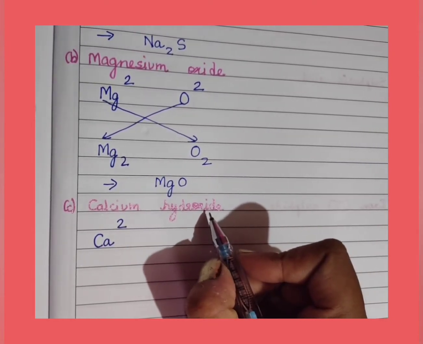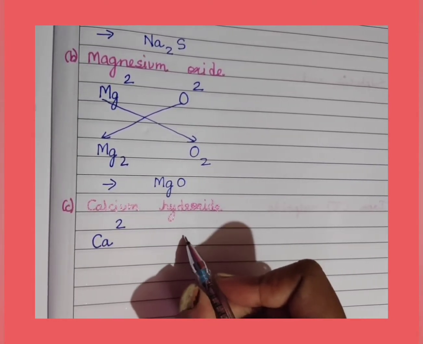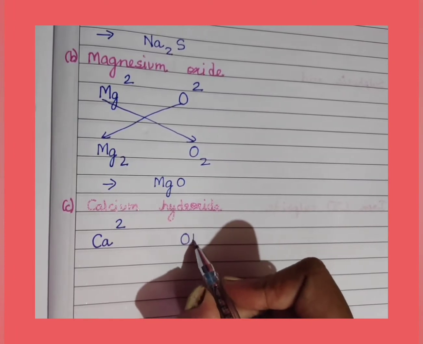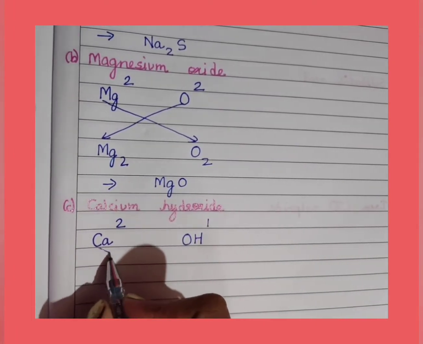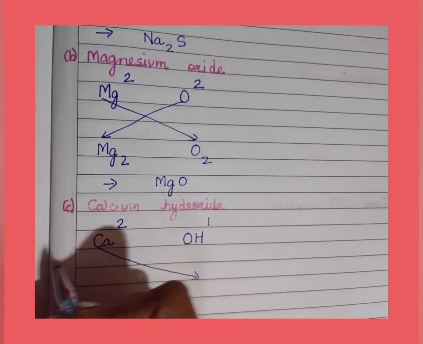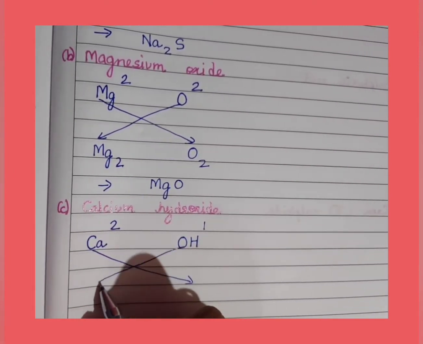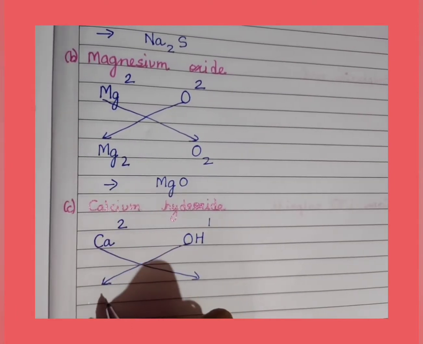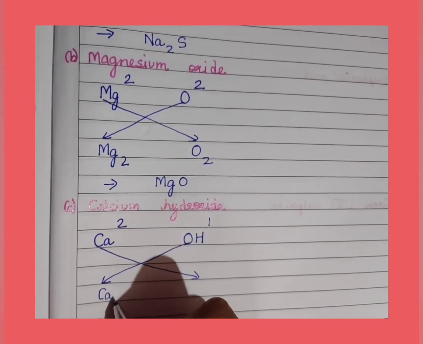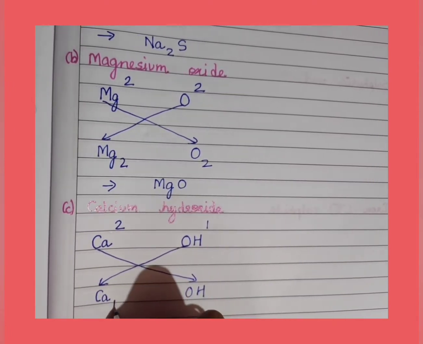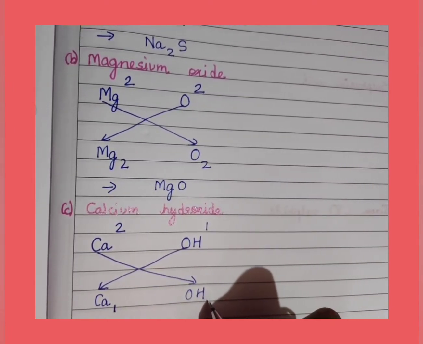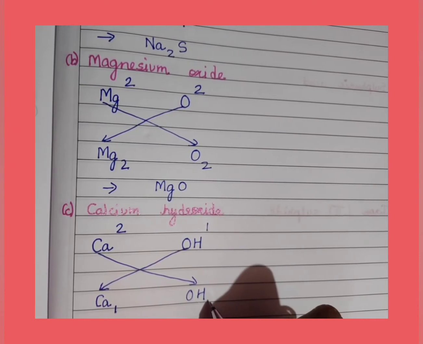Hydroxide is a radical. So what is its formula? OH, and its valency is 1. Now they are going to interchange their valencies. When they interchange their valencies, 1 will come here and 2 comes here as subscript.